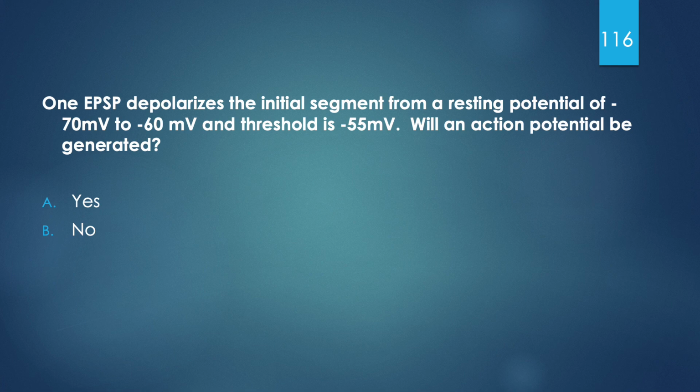B, no. Well, we know that negative 70 millivolts is a standard resting potential for a neuron, and the threshold is negative 55 millivolts, so we need a difference of 15 millivolts in order to reach the threshold. In this event, the EPSP only depolarized the initial segment 10 millivolts and didn't bring it all the way to 15 millivolts to trigger that action potential. So in this case, the answer is no, an action potential will not be generated.